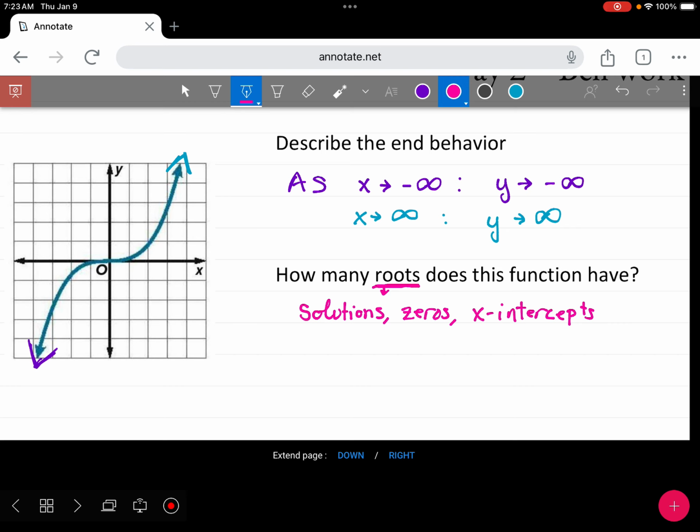How many of those does this graph have? 3. You see it crossing 3 times? 1. It's just 1. Right here is the only place it crosses. So this has 1 root.